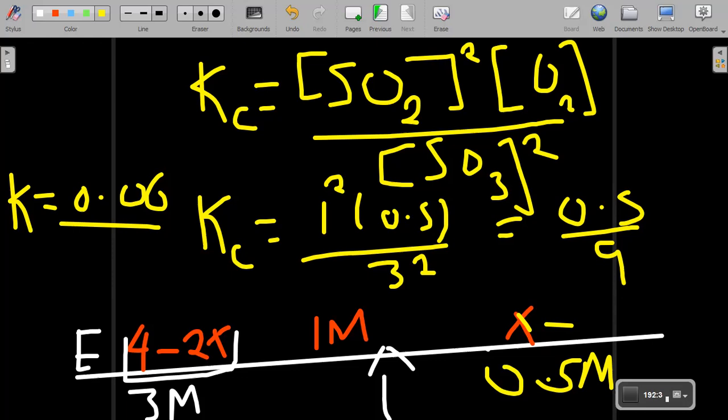Oh, it's 3 squared. Have I answered the question? Yes, sir. All right, so we've determined our K for that question. Any other questions before we move on to the other parts?